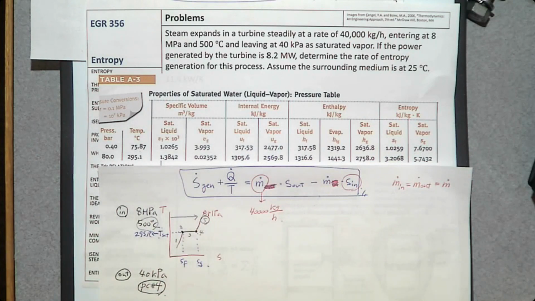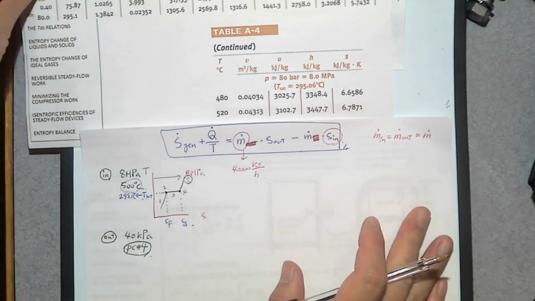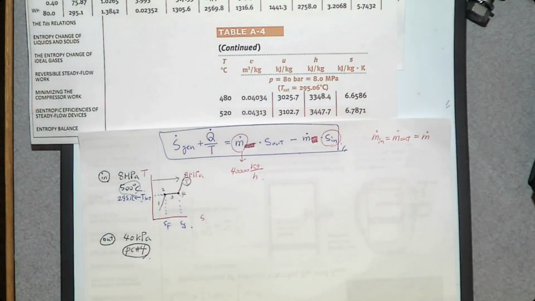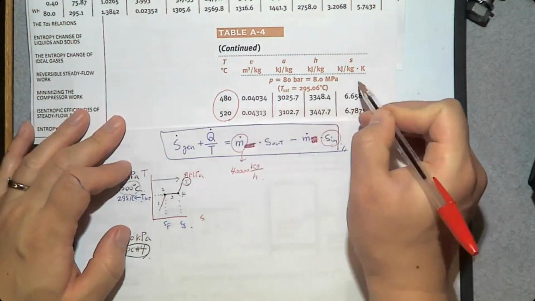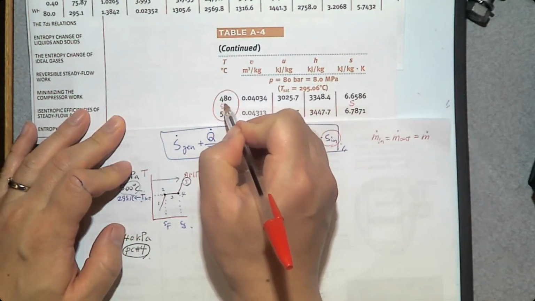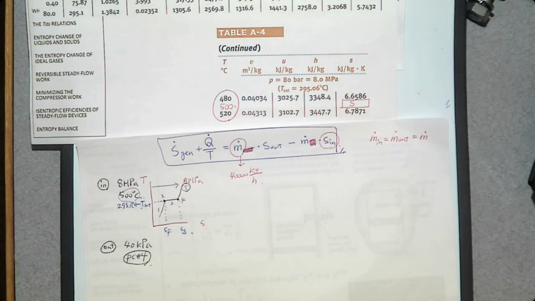If you know you have a superheated vapor, how can you evaluate its properties? You can go to the superheated vapor table. Here is a superheated vapor table. At 8 megapascal, we have 480 degrees Celsius and 500 degrees Celsius. We want to determine this specific entropy S. Since we don't have 500, we need to do a linear interpolation between these two numbers.